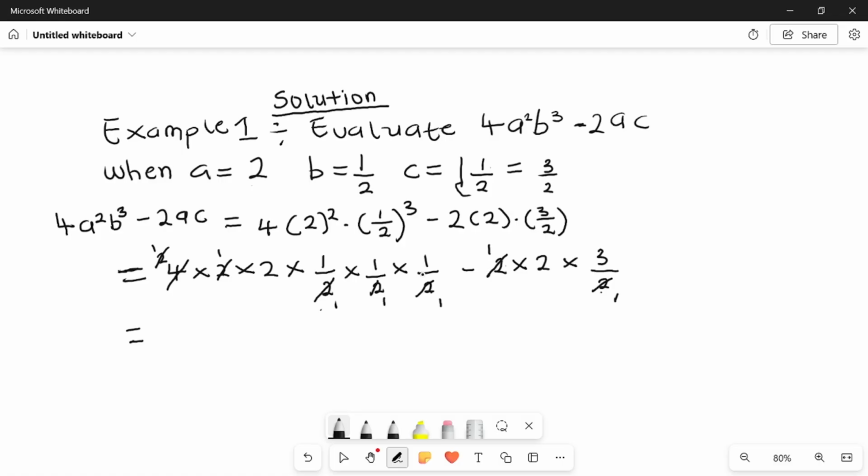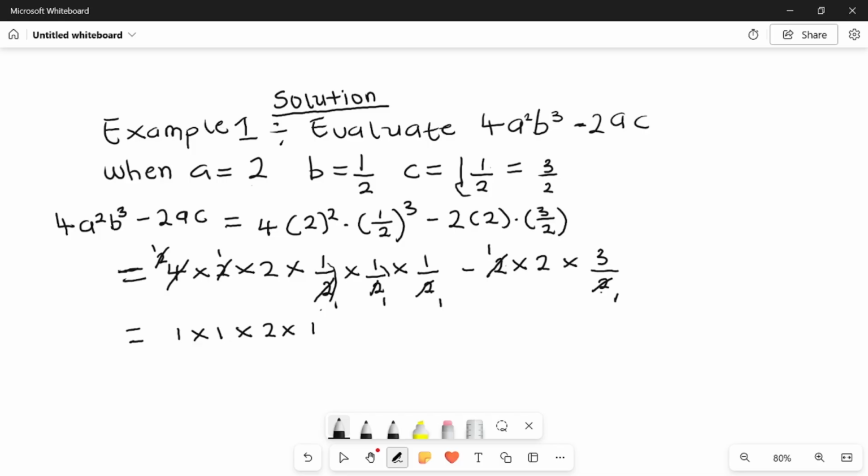1 times 1 times 2. Let's just write it down. We'll be left with 1 times 1 times 2 times 1 over 1, and 1 divided by 1 gives you 1.